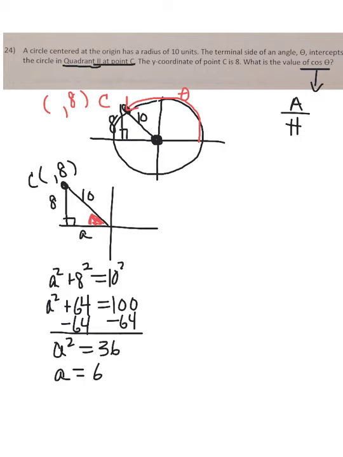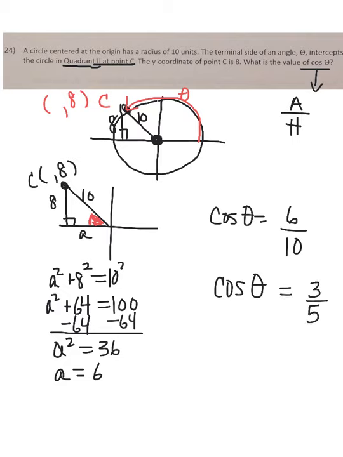Okay, so we want to find the cosine of theta, and that's the adjacent, which is 6, over the hypotenuse, which is 10. We can go a step further, or we should, and reduce that. So that ends up being 3 over 5. Now remember, lastly, we always check the quadrant, and I see that I'm in quadrant 2.